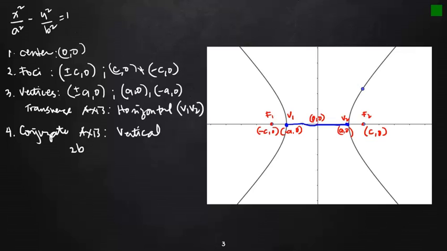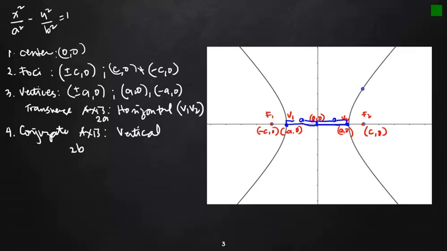The length of the transverse axis is 2a, because v sub 1 to the center is a, and from the center to v sub 2 is also equal to a. Now, the conjugate axis is vertical. It is perpendicular to the transverse axis at the origin. So it looks like this.